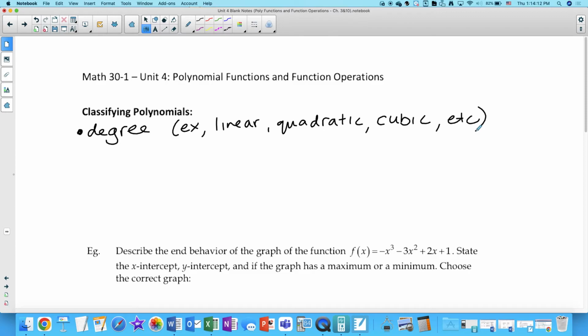We can classify them by whether or not they're even or odd, if they have an even degree or an odd degree. And we've already seen that in terms of the end behavior, there's some generalizations that we can make there. We can classify them by the sign of the leading coefficient.